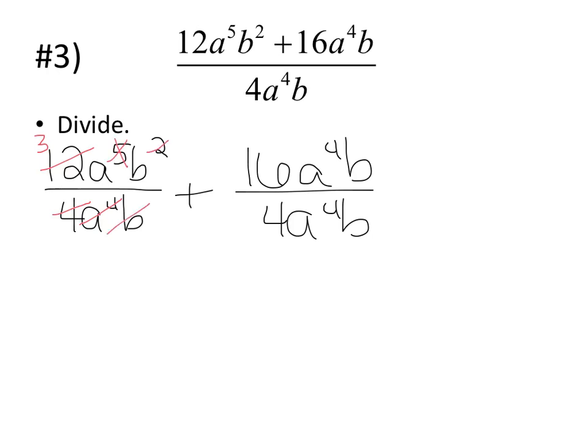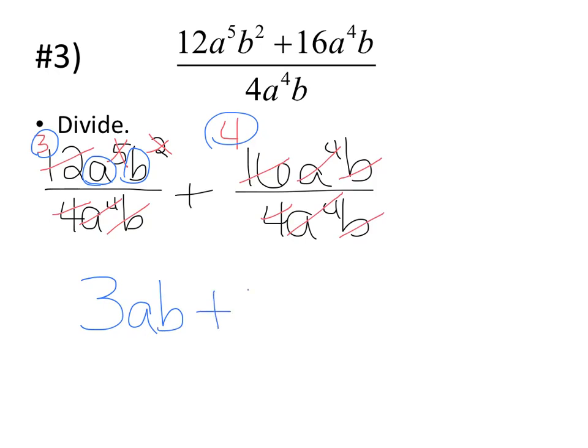And this b reduces this to 1b up here. So what I have left is 3ab. And then over here, 16 divided by 4 is 4. A to the 4th cancel. B and b cancel. So you're just left with 4. So your answer is 3ab plus 4.